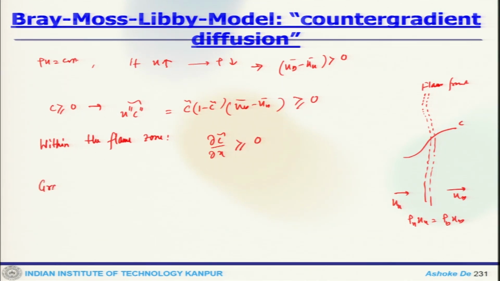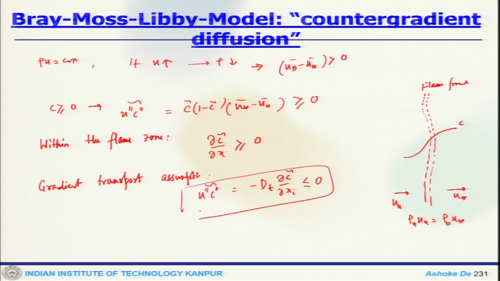Now, if I use the gradient transport assumption, I can write U double prime bar as minus D_t del C bar by del x, which is less than 0.